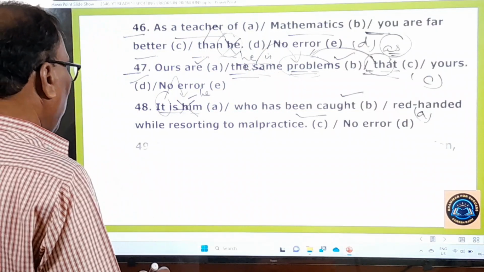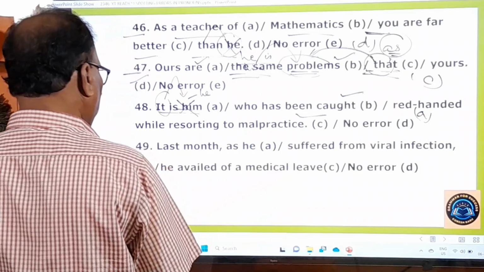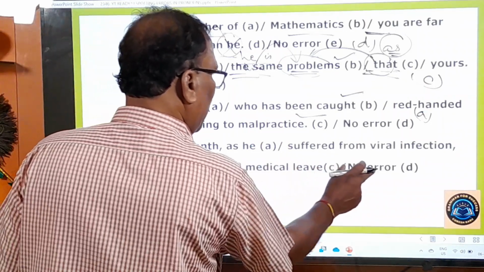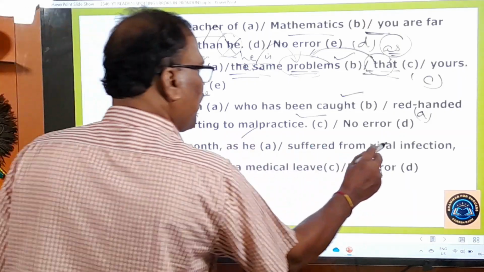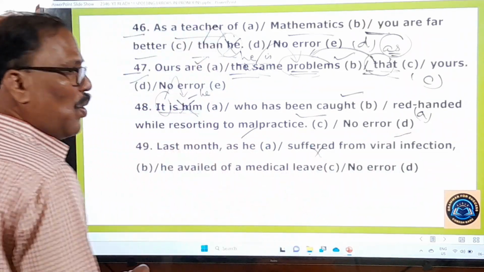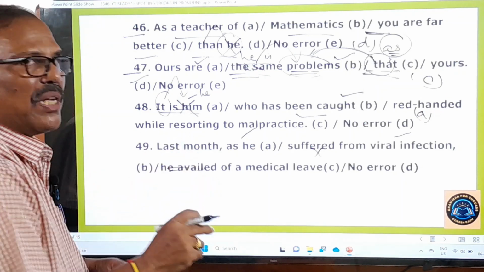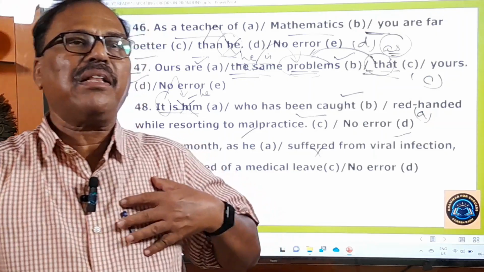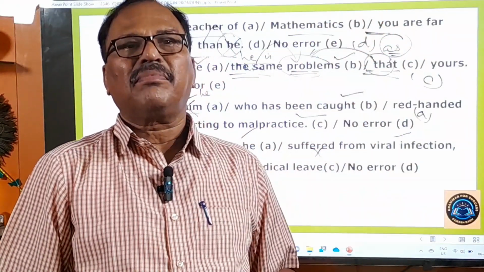Now the last but one sentence is, last month as he suffered from viral infection, he availed of a medical leave, no error. So here, last month as he suffered from viral infection, okay, B part okay, and C part is not okay. Why? After this availed, availed is a special verb, after that avail, there must be a self pronoun plus of.